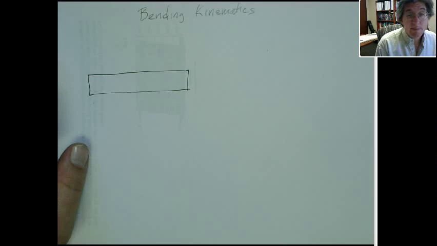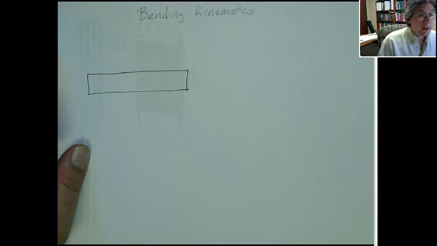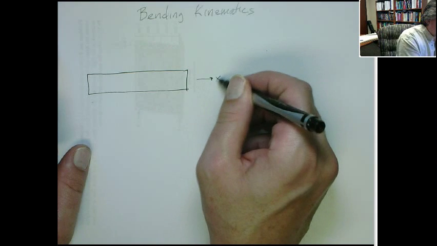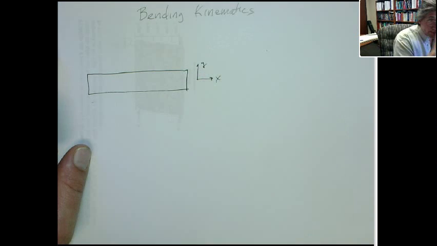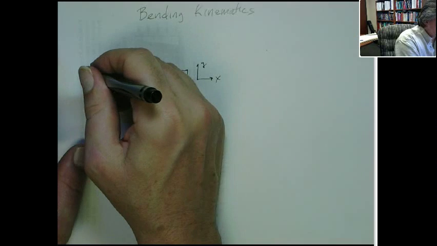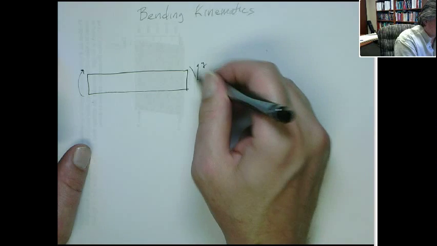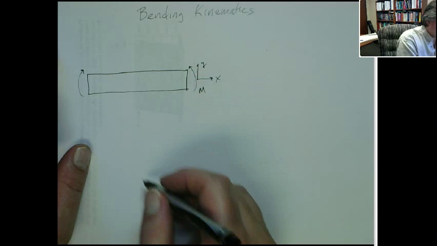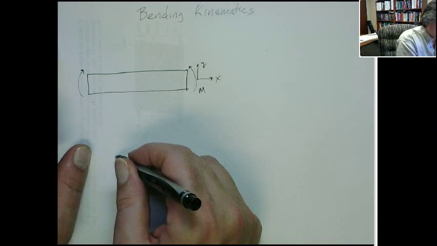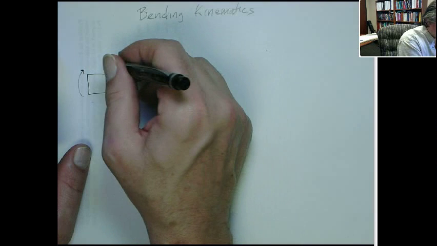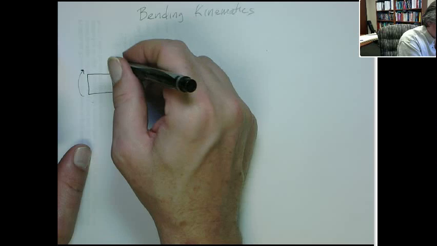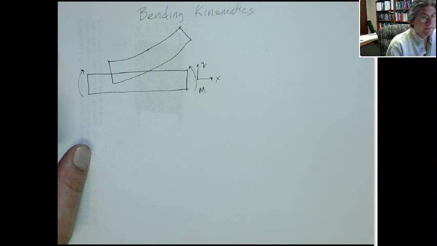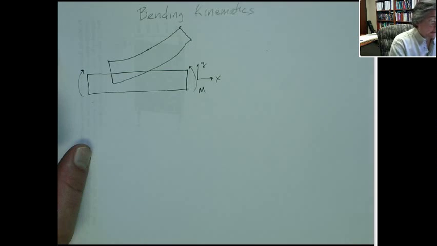I think we all kind of know beams basically look like what they refer to, something like this. Here's the x-axis, y-axis, and then when we put bending on this, there's some moment and the beam bends up.